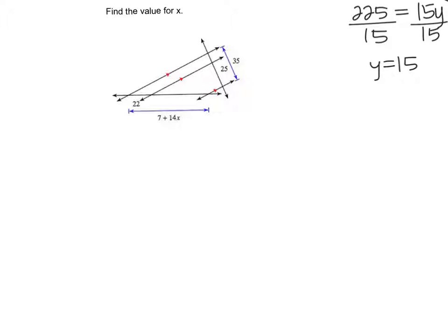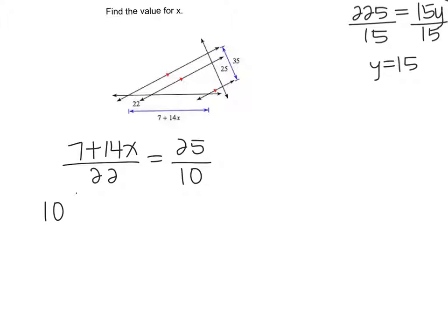In our last example here, we have 3 different sets of parallel lines. So using our theorem, we know that 7 plus 14x over 22 has to equal 25 over, and then because we know the whole length is 35 and this part is 25, we know that it's going to be over 10.